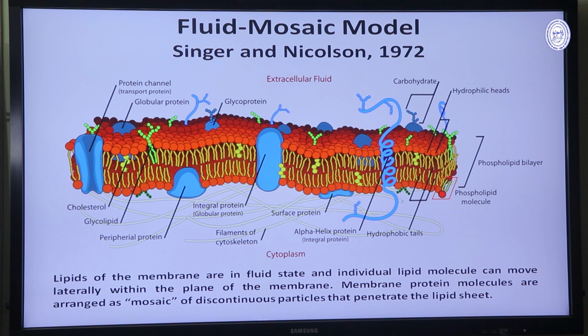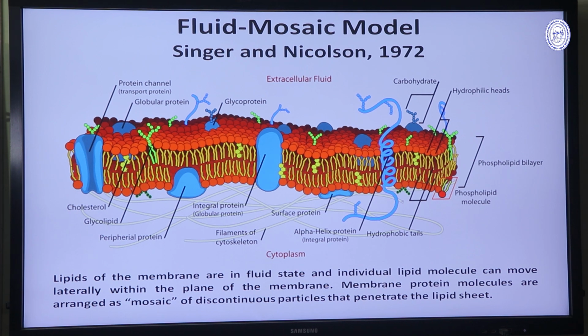In 1972, Singer and Nicolson first proposed their model of membrane, that is Fluid-Mosaic model, and till now it is most accepted model of plasma membrane or any type of biomembrane.